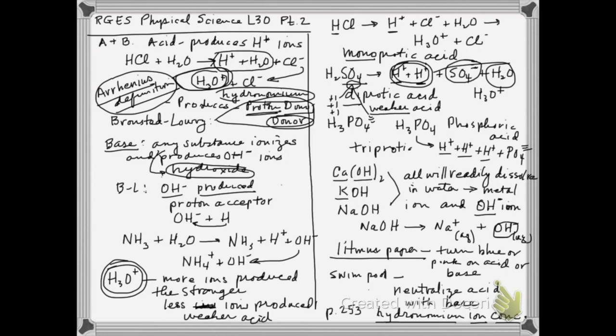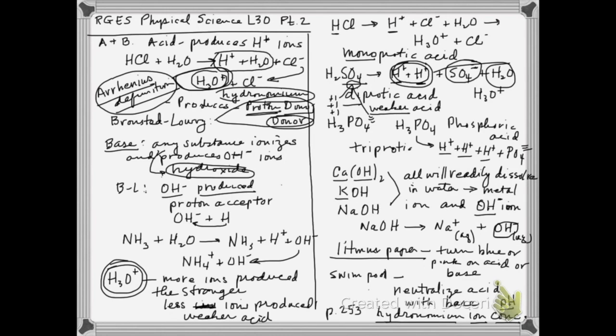And there's a term for that. It's called pH. So we say, what is the pH of the water? Or what is the pH of this food that I'm eating? And it's really measuring the hydronium ion concentration.